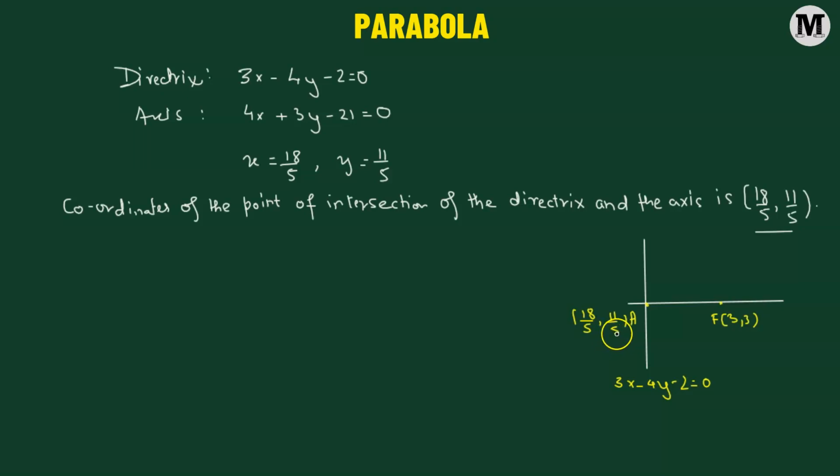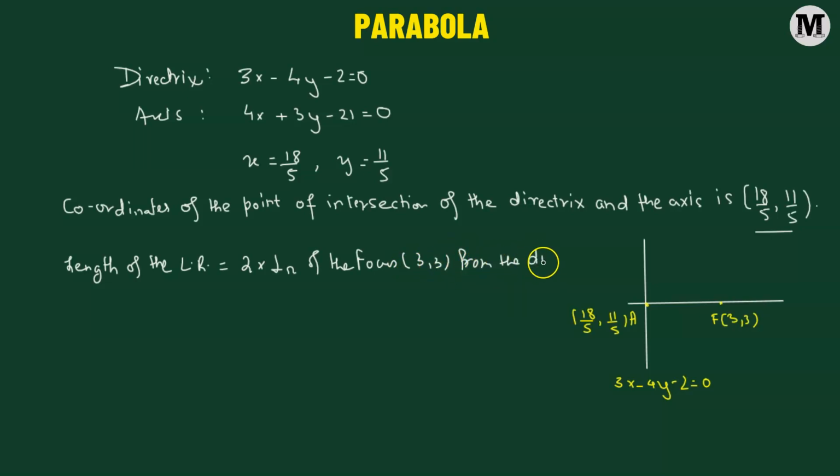Our next task is to find the length of the latus rectum. To find the length of the latus rectum of the parabola, there is a formula. We have to take 2 times the perpendicular distance of the focus, which has the coordinates (3, 3), from the directrix line. Once we compute that value, we can easily find the length of the latus rectum.